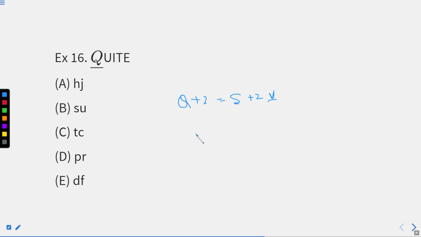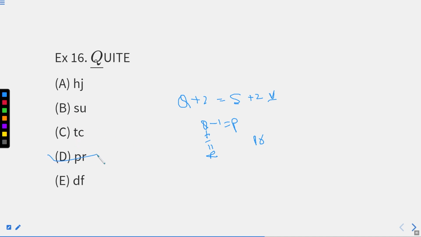Now, what we can do is, for Q, let's do one thing. Minus 1. What are we getting? P. If we do plus 1 on Q, what are we getting? R. So eventually we are getting PR. Is PR available in the answer?